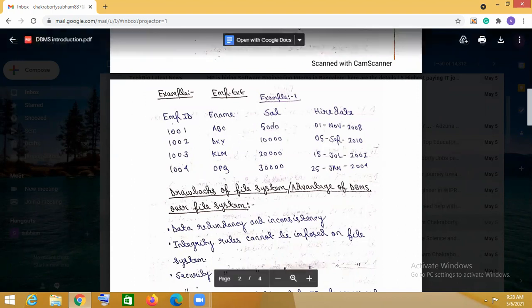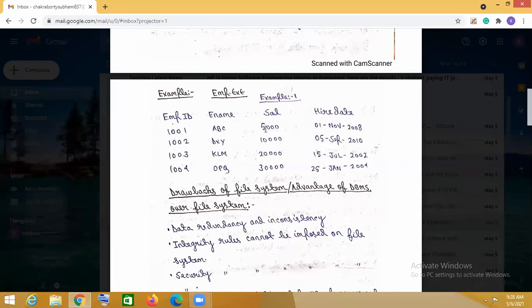But in the documents, the salary value 5,000 is changed to 50,000. Or we can say different formats means that ename contains alphabetical characters, but there the value is stored as a numerical value.